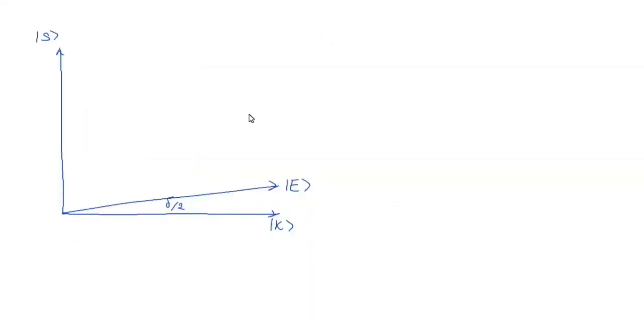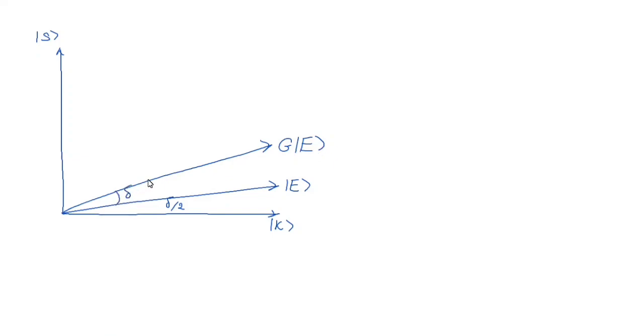Now we can figure out how many times we need to apply the Grover iteration in order to solve the search problem. So we start at the equal superposition state E, which is at angle delta over 2 with respect to the k vector. And we apply one Grover iteration here. By doing that, we now know that we will rotate this vector E by angle delta.